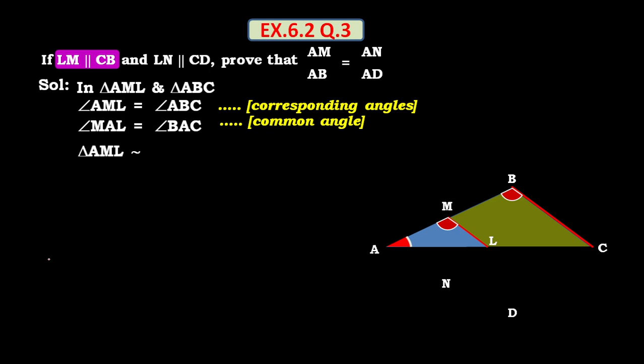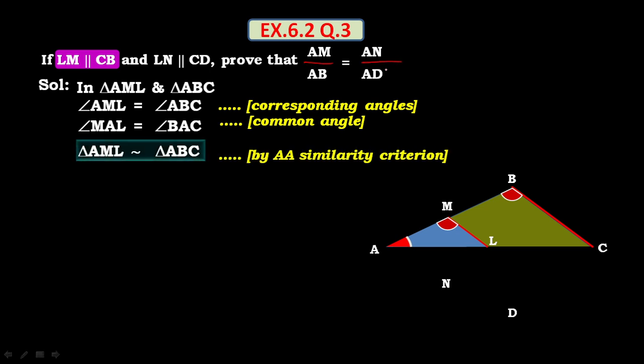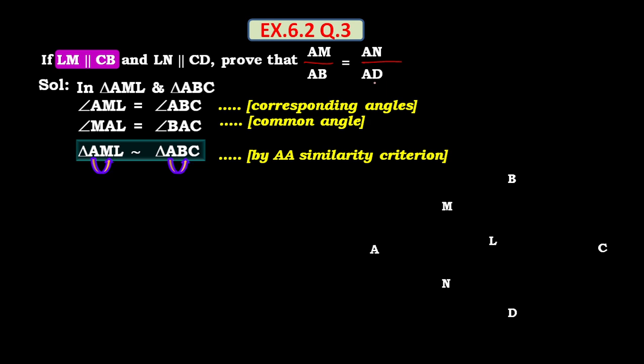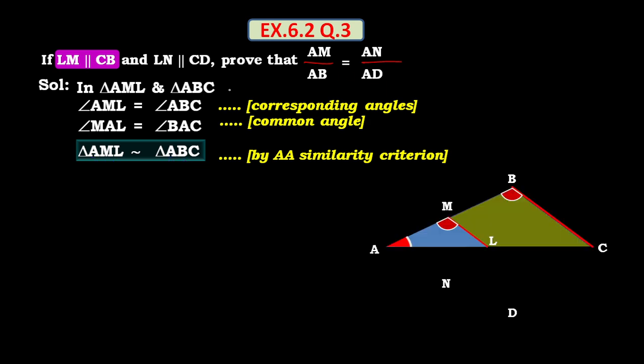In triangle AML, AM divided by AB. See here, in triangle AML and triangle ABC, angle AML is equal to angle ABC. Corresponding angles are equal, and angle MAL is equal to angle BAC, common angle.